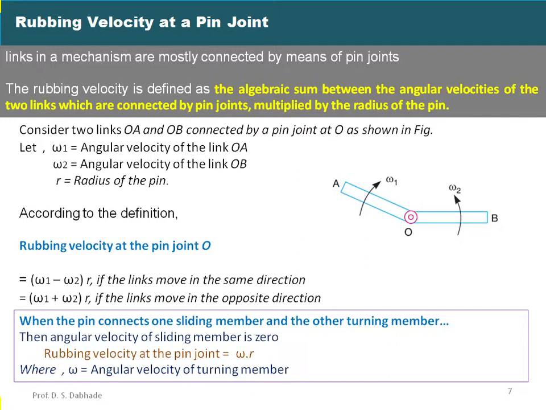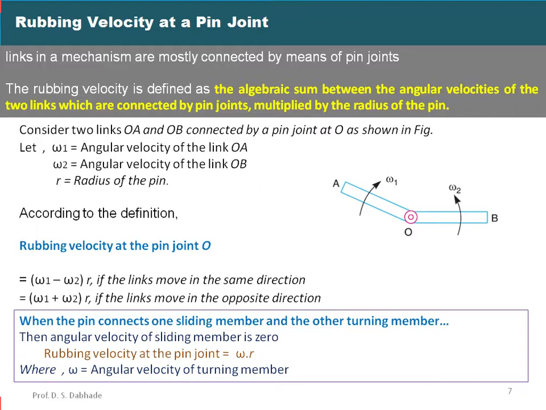This is the way by which we can calculate the rubbing velocity at the pin joint of various links. We have just discussed how to represent the velocities and find the position for the velocity of a link.